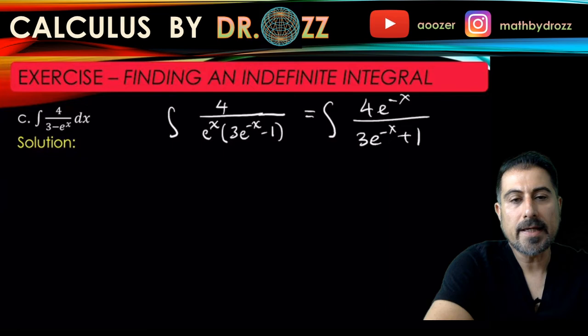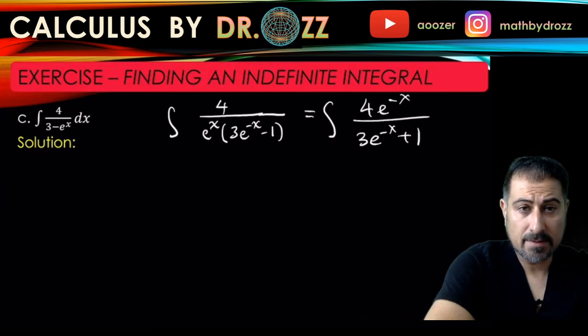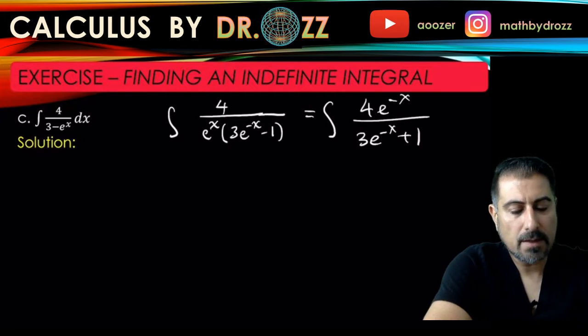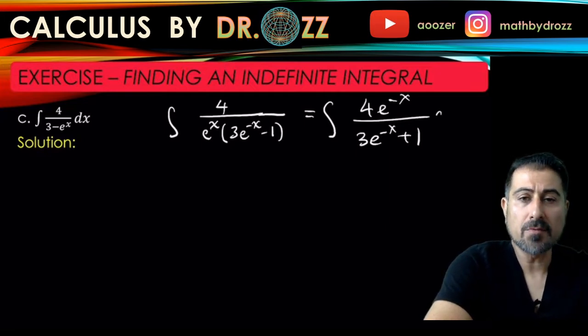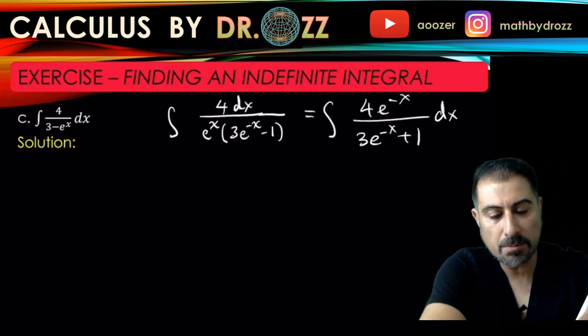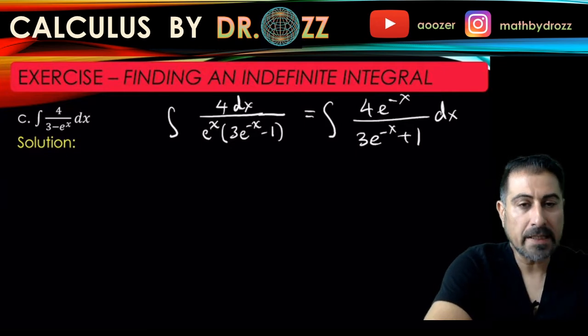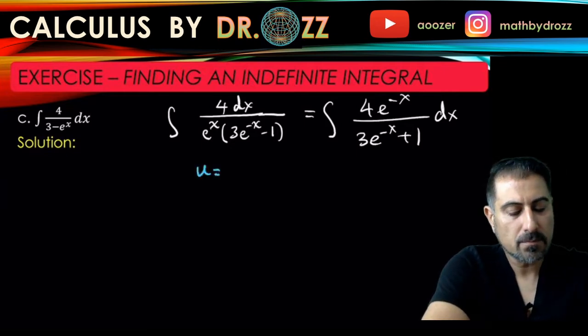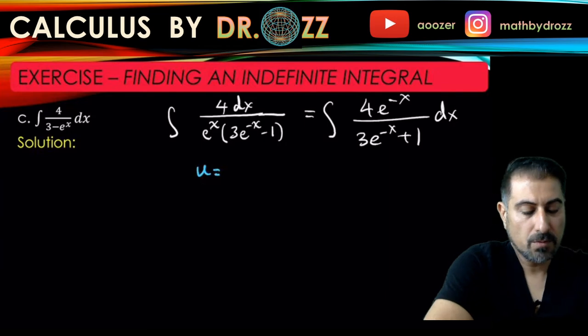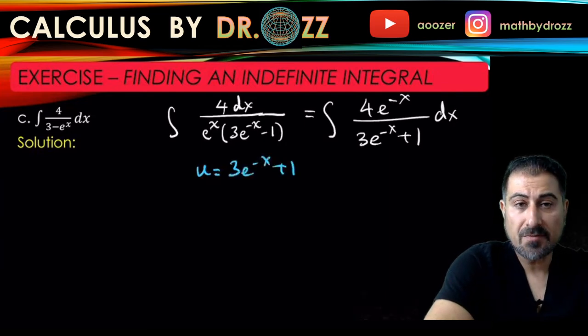This way I have the exponential e to the minus x popping up in both the top and the bottom of the integral, right? So this allows me to use a u substitution, calling the bottom u, and I'm safe now because I have e to the minus x dx at the top.